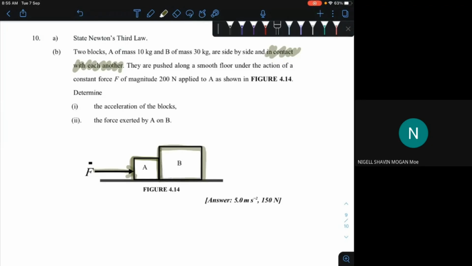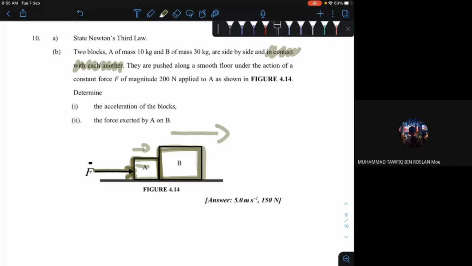Bila awak tolak A, apa jadi kepada B? Ke kanan. B akan ke kanan. Maksudnya, walaupun awak tolak A, tapi sebab B bersentuhan dengan A, B akan tergerak ke kanan. Okay. So sebenarnya A yang bergerak ke kanan. Tapi sebab A itu bersentuhan dengan B, A itu akan tolak B pula.